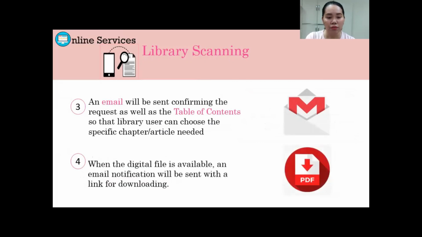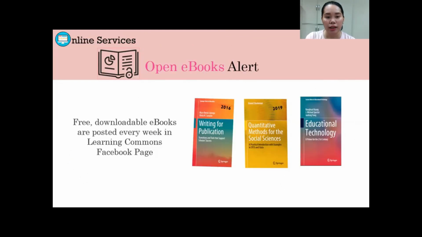When the digital file is available, an email notification will be sent with the link for downloading. The library provides the Open Ebooks Alert service, where free downloadable ebooks are posted every week on the Learning Commons Facebook page.